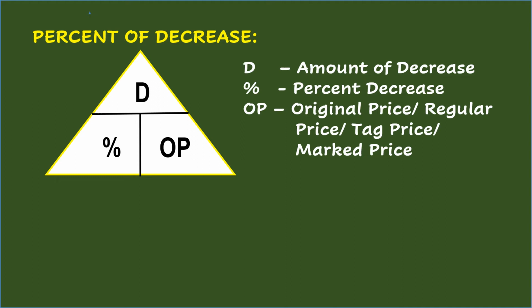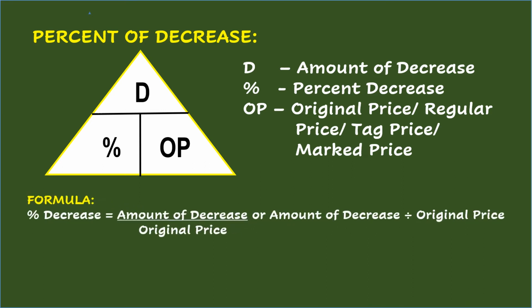Take note that decrease is on top of the percent decrease and original price, while percent decrease and original price are beside each other. So with this, the formula in getting the percent decrease is percent decrease equals amount of decrease over original price, or amount of decrease divided by original price.